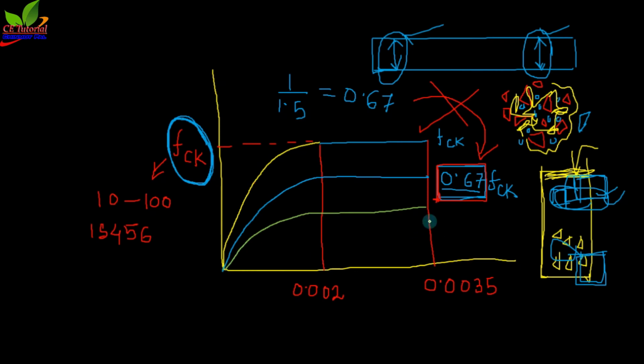So this is the curve, and this value is 0.67 FCK by 1.5. Now our design curve for concrete is this.